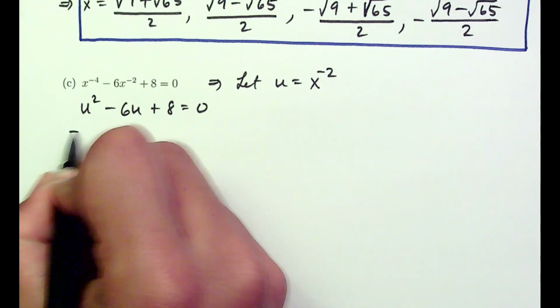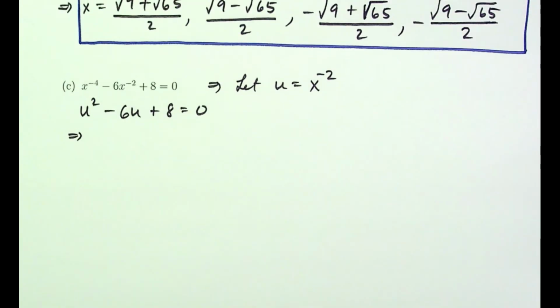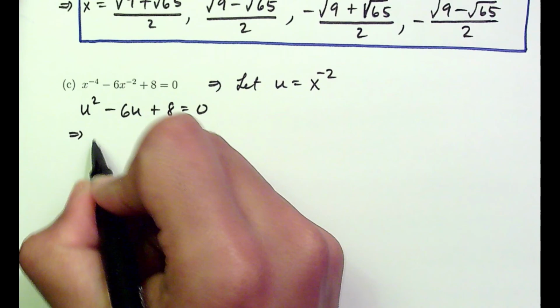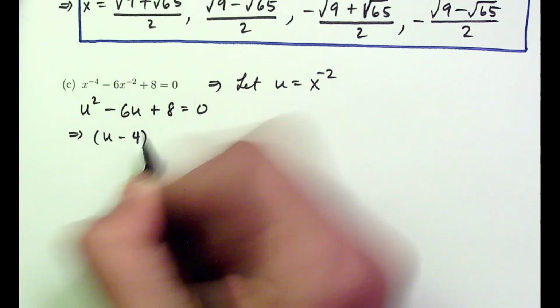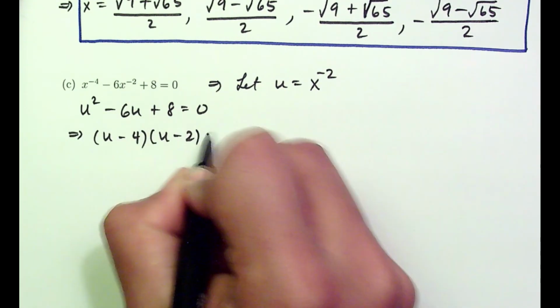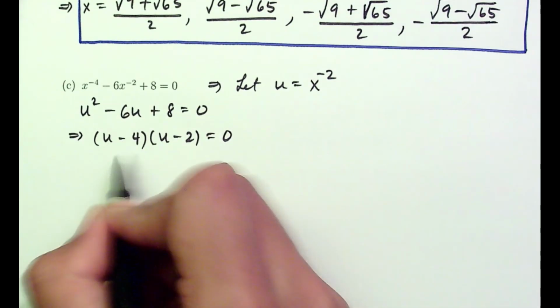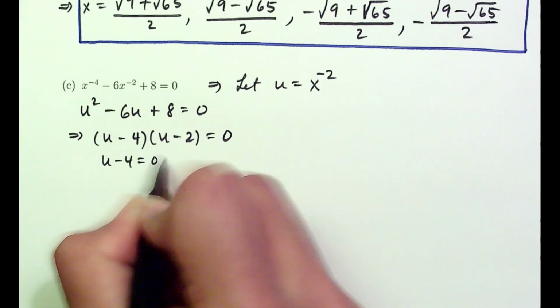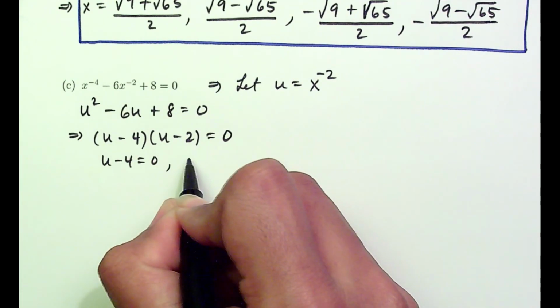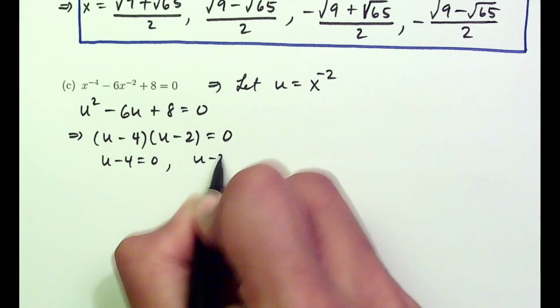And now you solve this any way you want. There's multiple methods. I'm going to factor this one because it does factor. So u minus 4, u minus 2 equals 0. So set each of the factors equal to 0. So u minus 4 equals 0, or u minus 2 equals 0.